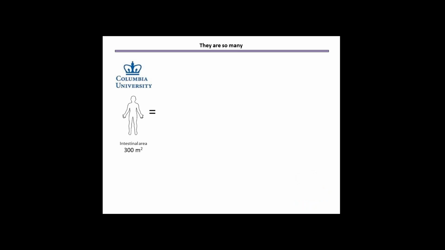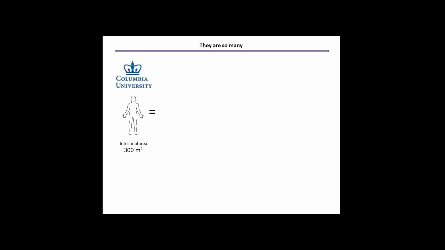Just to illustrate how many bacteria there are: the gastrointestinal tract is designed to interact with the outside environment, and there are anatomical features that increase the surface of this interaction.